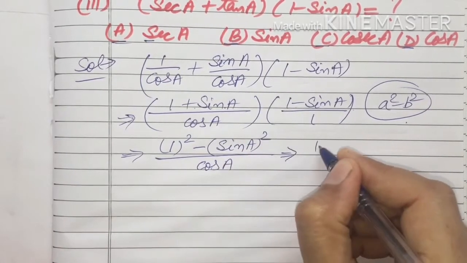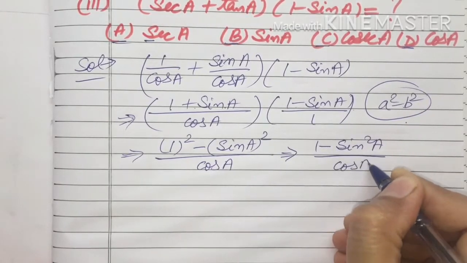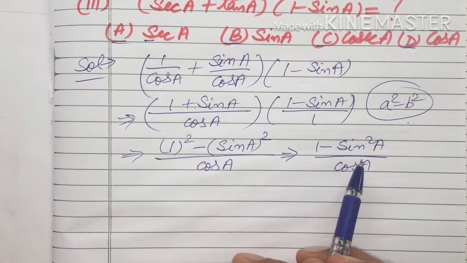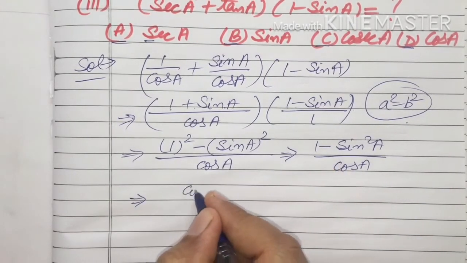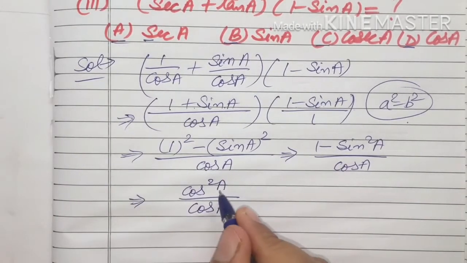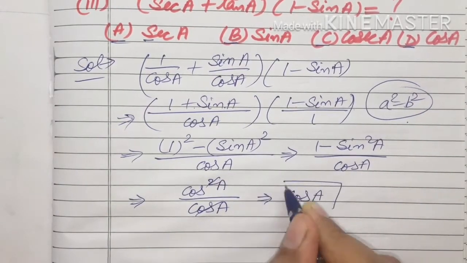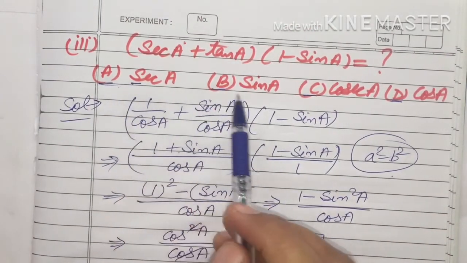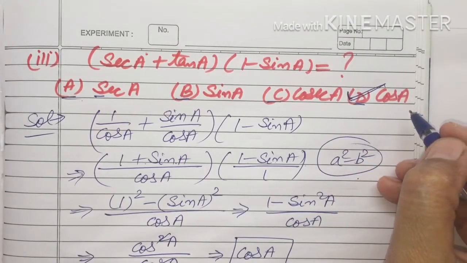So it will be 1 minus sine square A upon cos A. So from the identity sine square A plus cos square A is equal to 1, we can write 1 minus sine square A is cos square A, upon cos A. So we can cancel cos A, and the answer is cos A. So according to our answer we will choose the option A, B, C, D. D is cos A. We will choose option D.